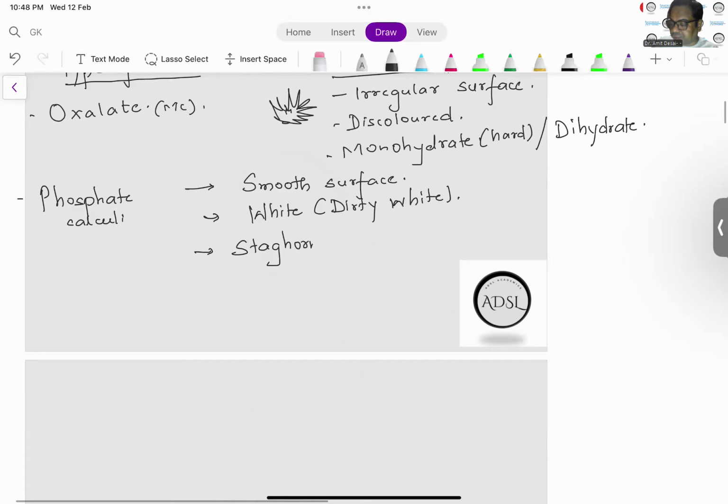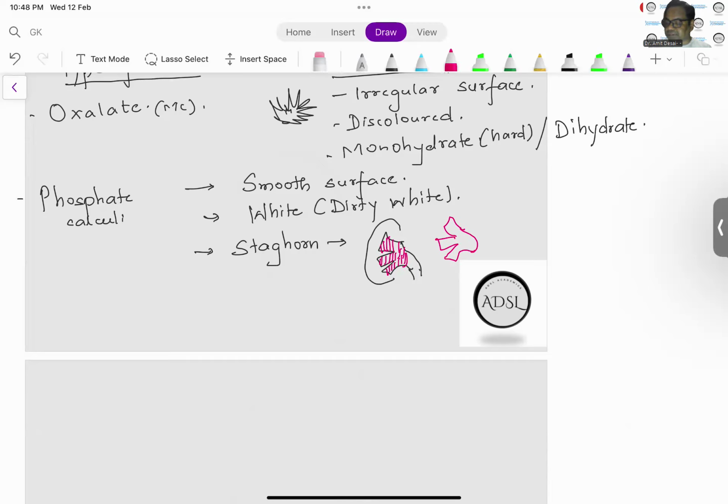So what do we mean by staghorn calculi? When calculi occupy the space of all the three calyces. So this is the kidney, this is one calyx, this is the other calyx, and this is the third calyx, and then it opens up into the pelvis. If the calculus occupies the shape of all the three calyces, looking like the horns of a stag, then it is called a staghorn calculus.